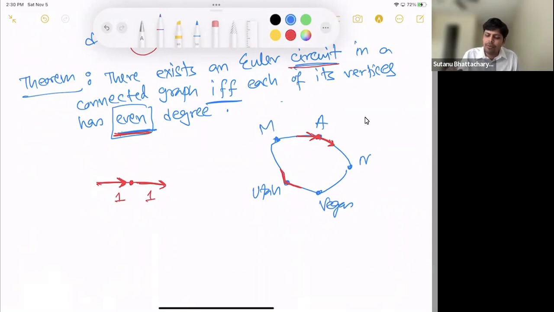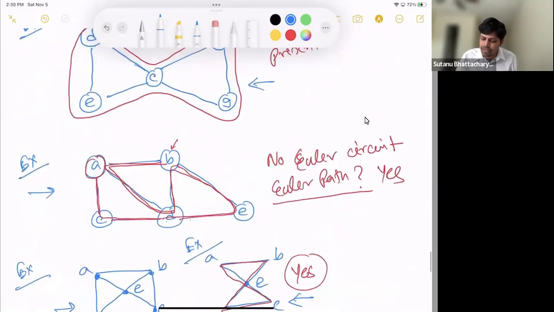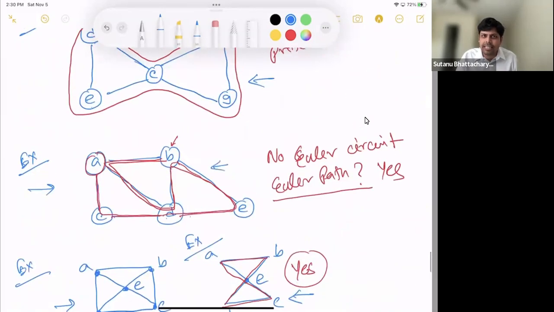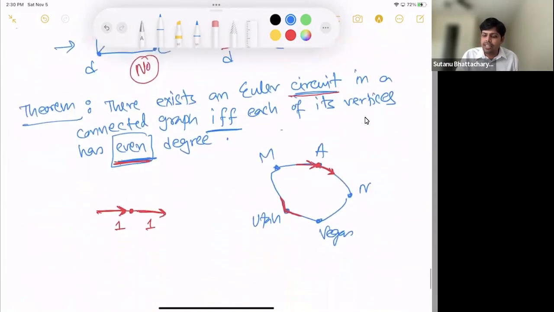Another theorem to find the existence of an Euler path instead of an Euler circuit. Let's assume in this graph, suppose there was no Euler circuit, but there is an Euler path. So when can we expect there will be an Euler path?